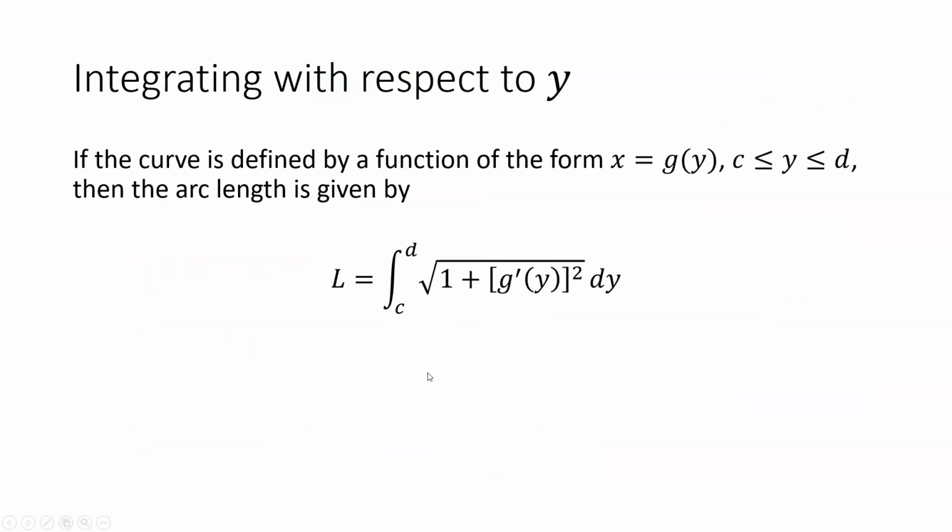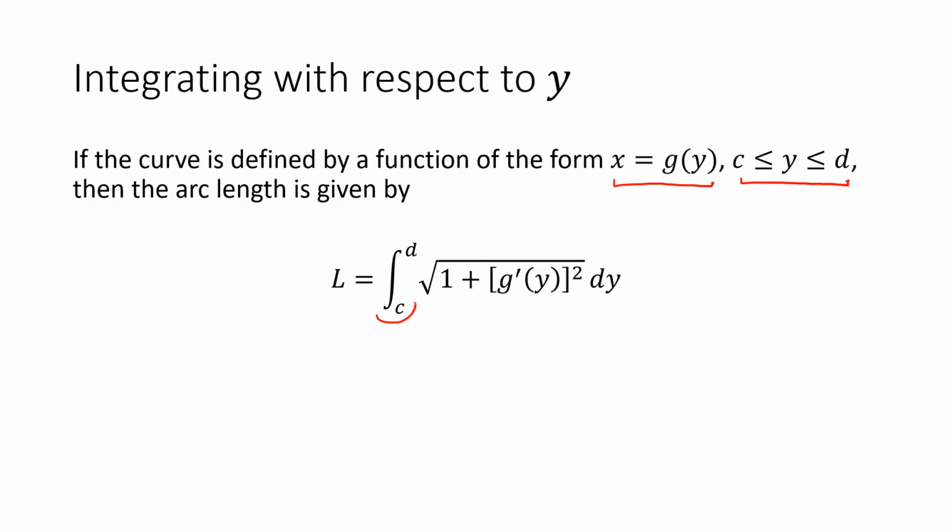And one thing we want to keep in mind is we can also use the same formula when we're integrating with respect to y. But one thing we have to keep in mind is that here we're given the function x equals g of y, and we're given the values of y that give us the endpoints of our curve.